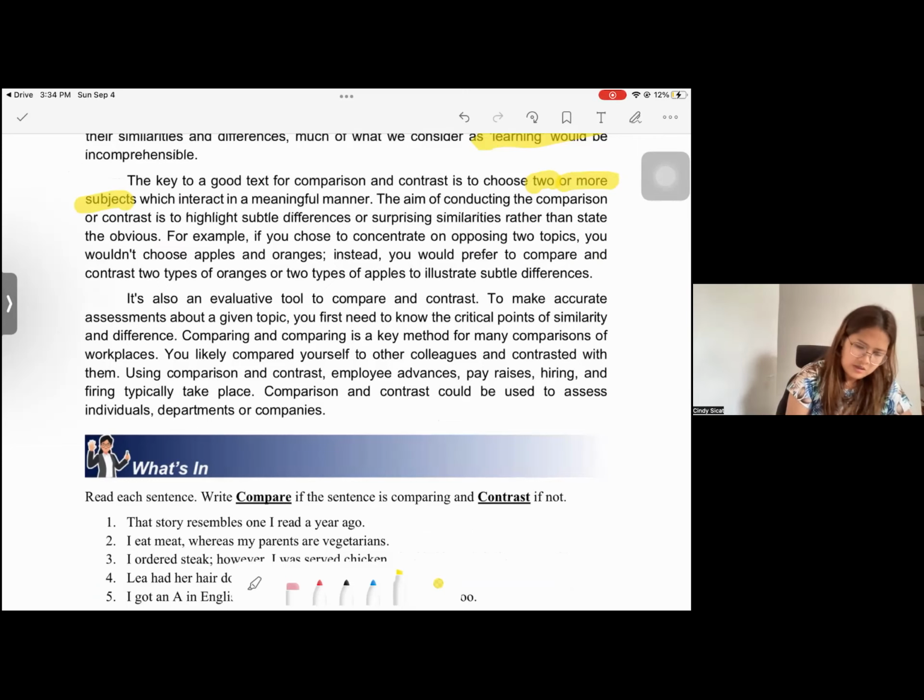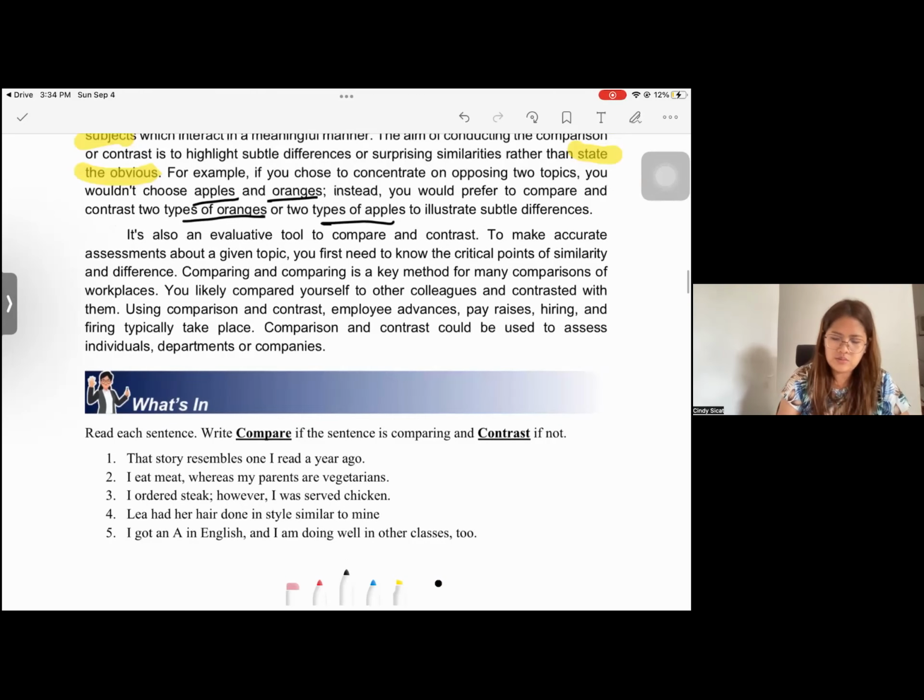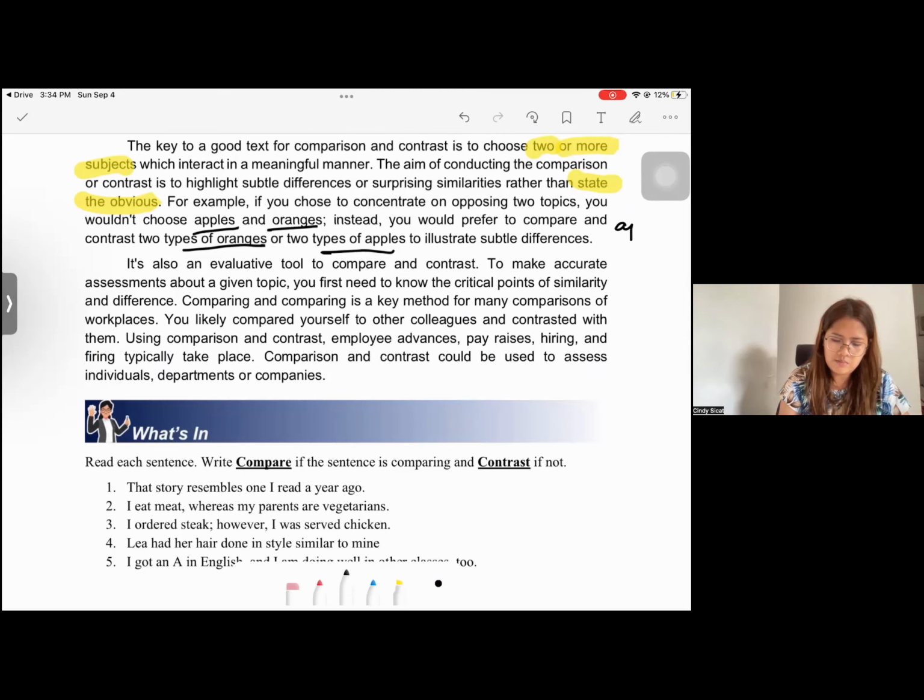For example, if you choose to concentrate on two opposing topics, you wouldn't choose apples and oranges, but you would rather compare and contrast two types of oranges or two types of apples. Like, for example, if you want to study about apples, you could have Fuji and what's the other type?